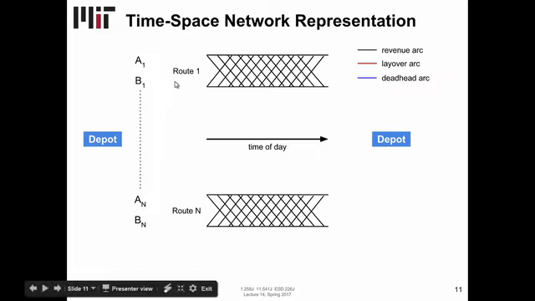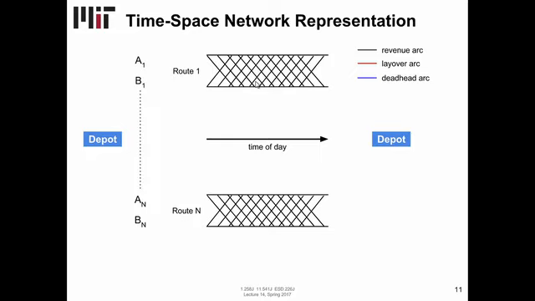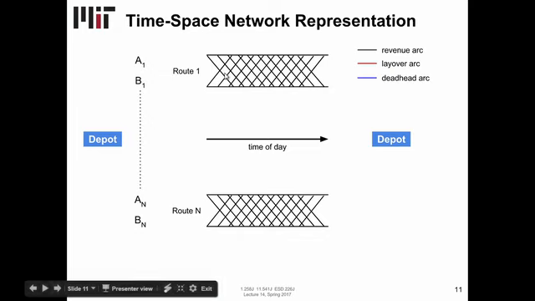We have routes, route 1 to route n, with trips from either direction that are already timetabled, and we have already committed to deliver this service. The black arcs here are revenue arcs, the arcs that we committed, and these have to be delivered between the two terminals of every route.